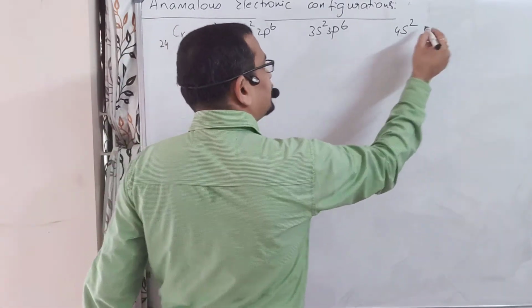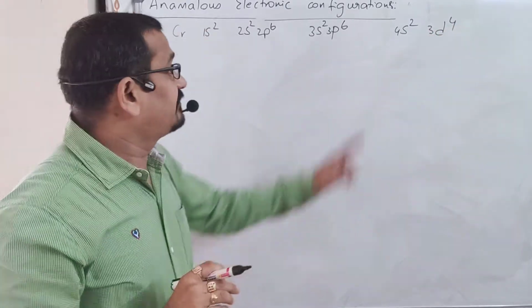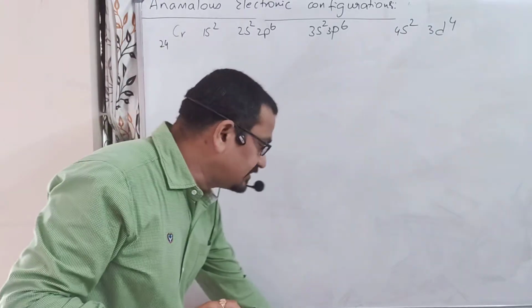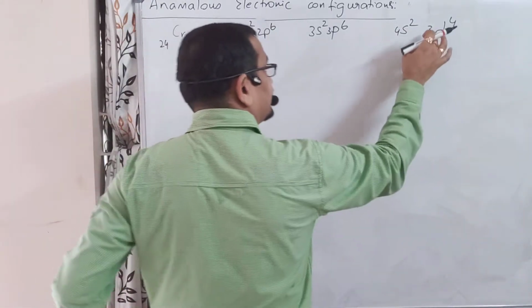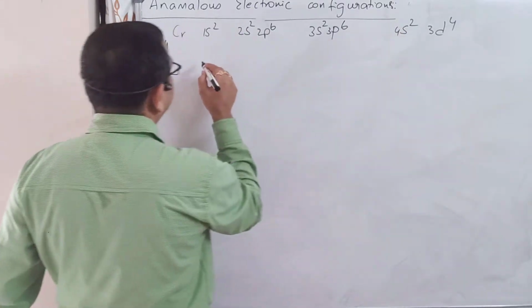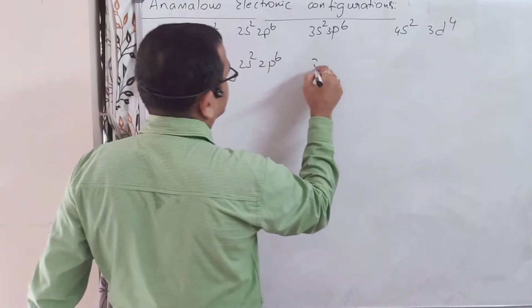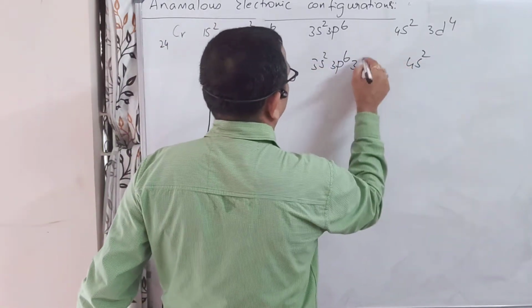After 4s we have to fill 3d4. This is the proper sequence. The sequence is 100% correct. But as 3d belongs to third shell, you can also write this as 1s2, 2s2, 2p6, 3s2, 3p6, 3d4, 4s2.